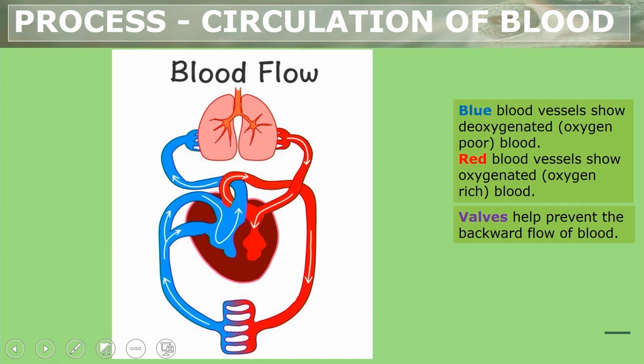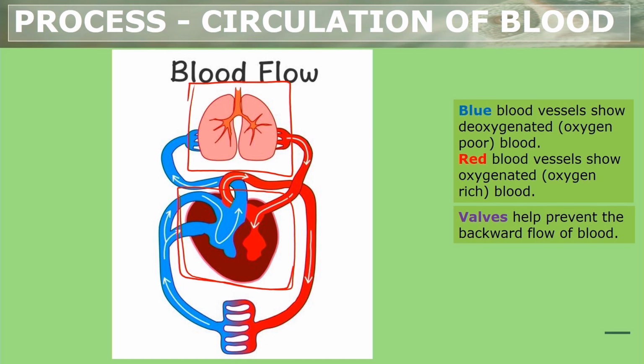In front of you, you have a diagram showing you the heart, as I am showing, and the lungs above. Well, in reality, your heart is more or less in the same position in your chest cavity, and not like that. This is just a diagram to show you the circulation of the blood between the heart and the lungs, where there's an exchange of gases and what happens when the blood moves back to the heart.